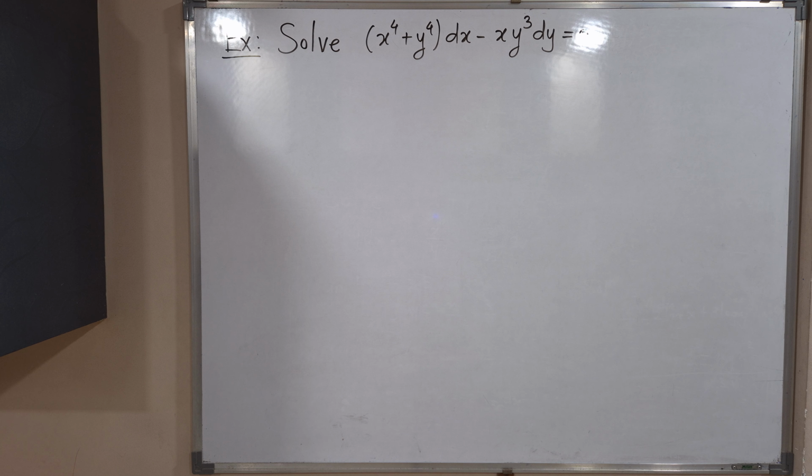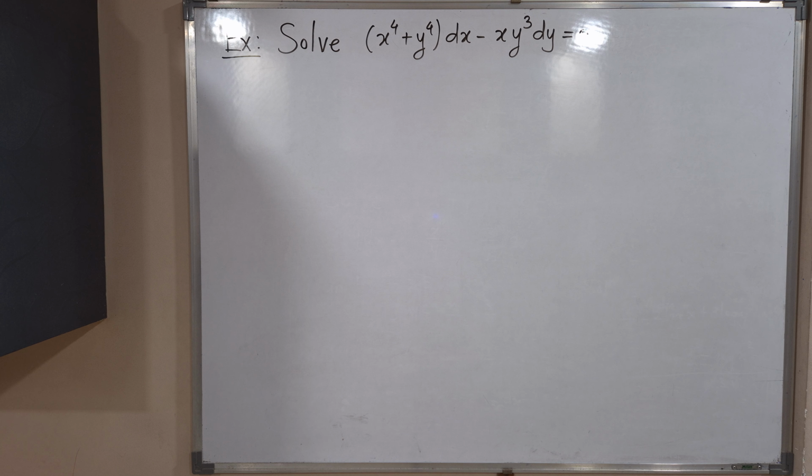∂M/∂y. Let us find the partial derivative. M is x raised to 4 plus y raised to 4. You can see addition is there, so we can take separate derivatives: the derivative of x raised to 4 plus the derivative of y raised to 4. We are differentiating with respect to y, so x raised to 4 is constant. Any function of x is constant, and the derivative of a constant is 0.